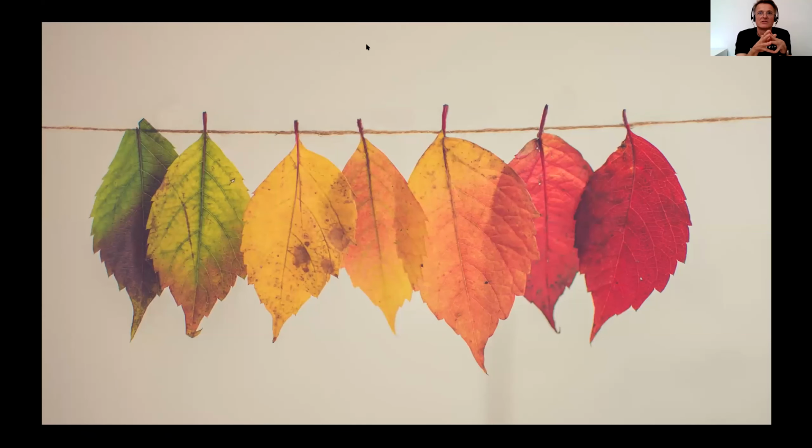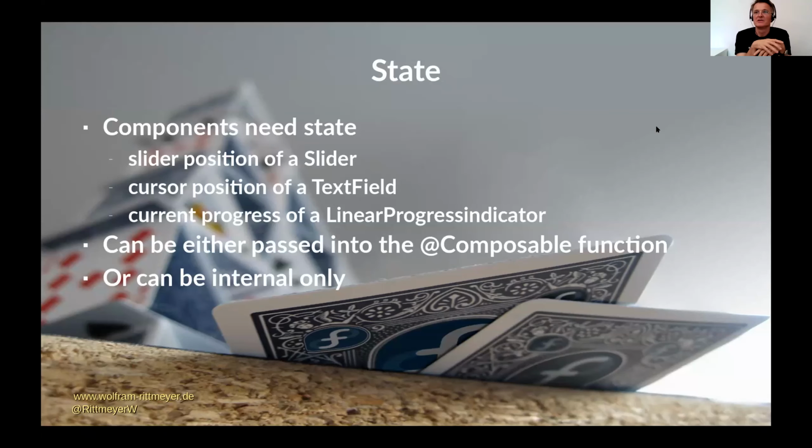Now, any component might change over time. For example, if you slide a slider around, it has a different value depending on where on the screen the tiny bubble is. And so this is an internal state to the component, and it changes whenever the user interacts with the component, or the cursor position of a text in a text field, for example. And when the state changes, we want the screen to change.